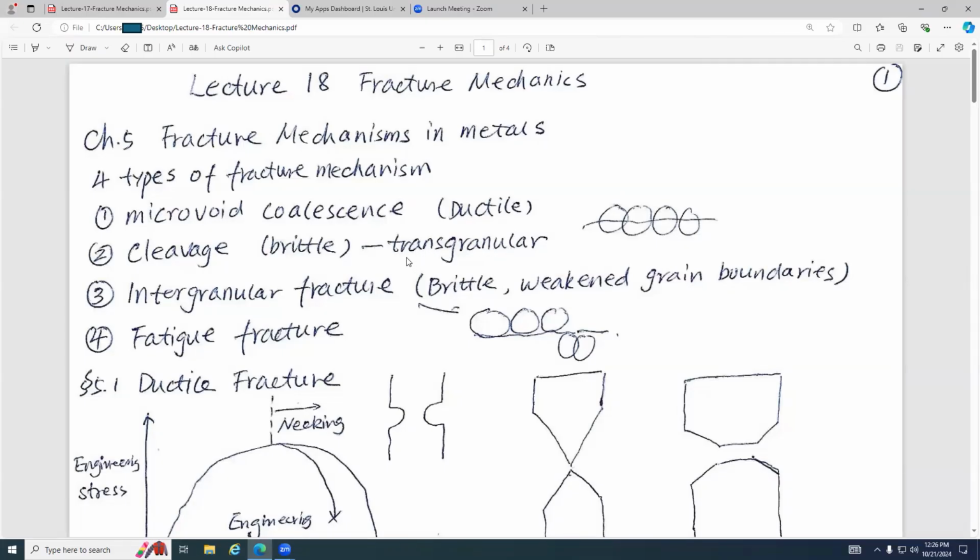And what is transgranular? As the name suggests, granular means grains, right? Transgranular means that the crack will cut through the grains. For example, here, look and see. I just schematically draw the grains, okay, the 4 grains.